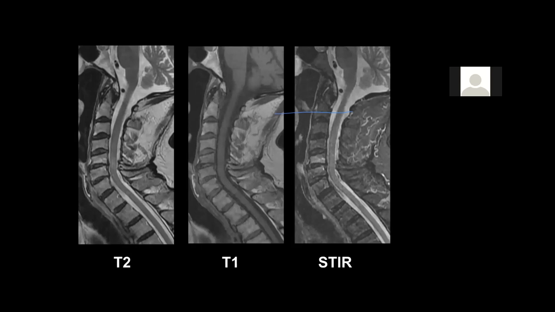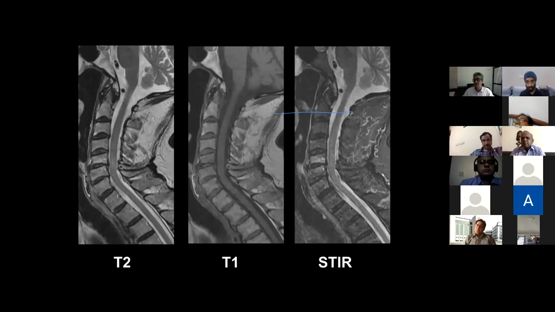In a septic hip, after treatment, if you want to see whether it is healed or not, if it is followed up after contrast is given, we will be able to see resolution of effusion, synovial hypertrophy, and para-articular collections. All these resolutions can be seen. So it is wise to follow it up on MRI.